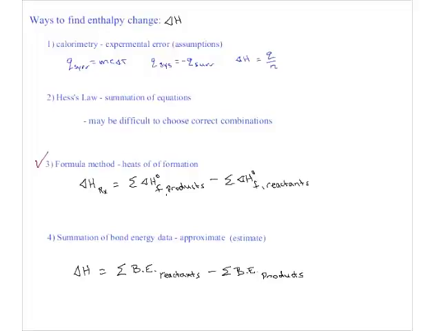These are the standards. All of this would be compared to this one.